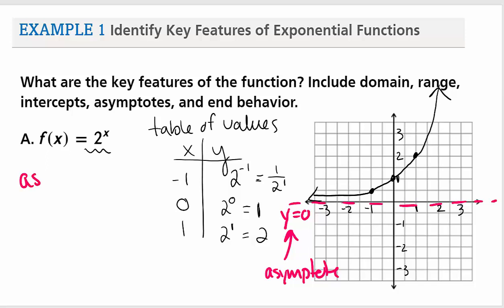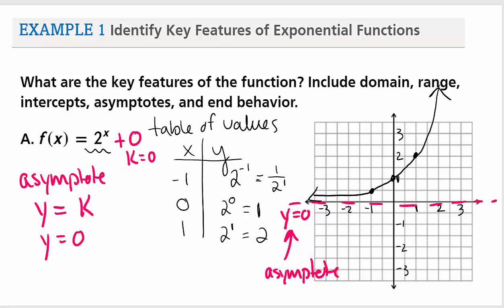So our asymptote will always be y equals, because it's a horizontal line, and it's going to be the value of k. Now because we don't have a number added or subtracted to our function here, then k is actually equal to 0. So in our case, our asymptote is y is equal to 0.